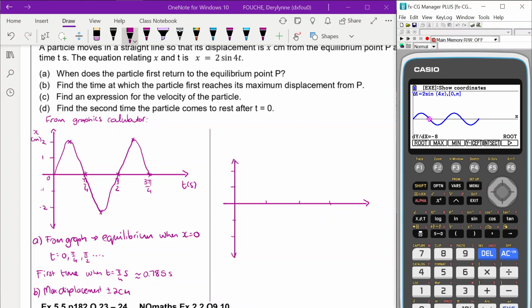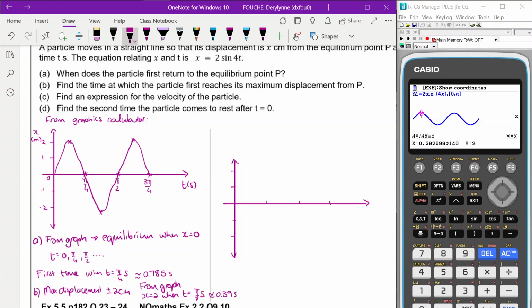So again, from our graph, x equals 2 when t equals, well, we know it's pi/8, which is approximately equal to 0.39 seconds. Okay, so we're always referring to the graph when we are making use of the graph.